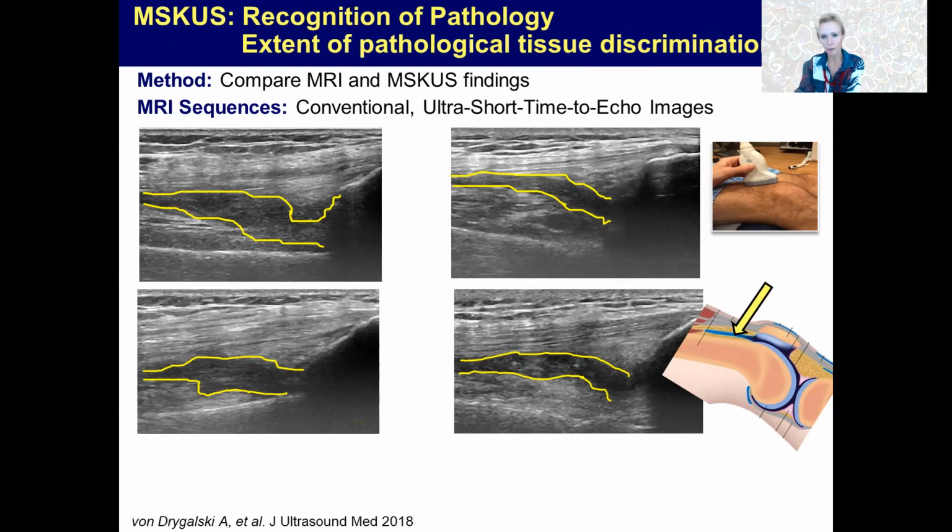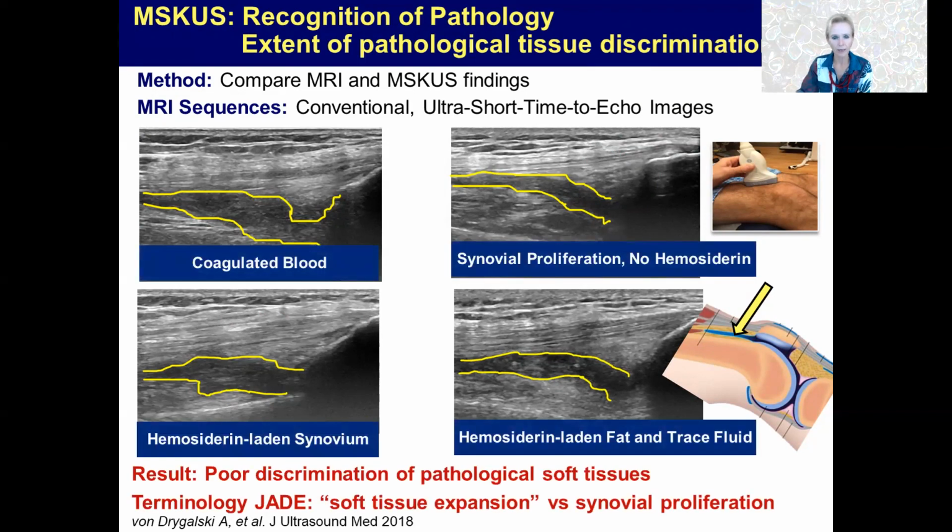Special MRI sequences not shown here revealed what it is, and you'll be surprised to see that in this patient it was coagulated blood. In this patient, the suprapatellar bursa had synovial proliferation but no hemosiderin. And that looked exactly the same to hemosiderin-laden synovium. And finally, here we have a trace of fluid, some fat, and also hemosiderin.